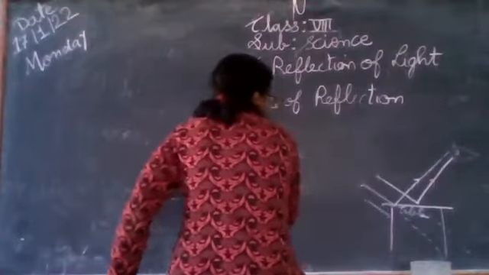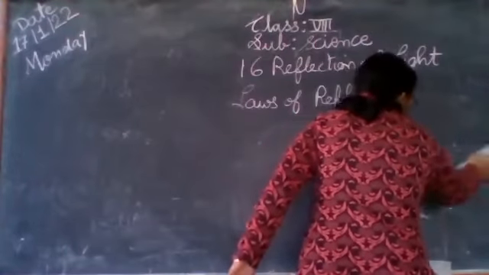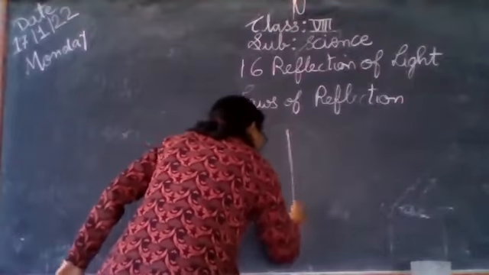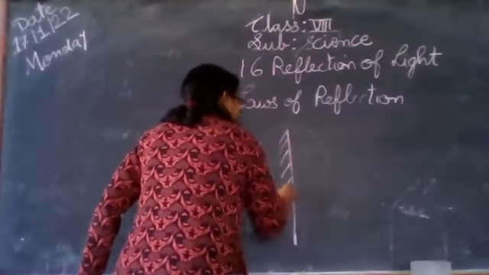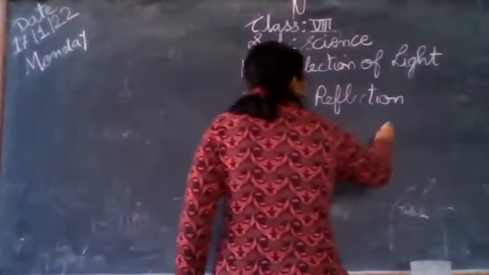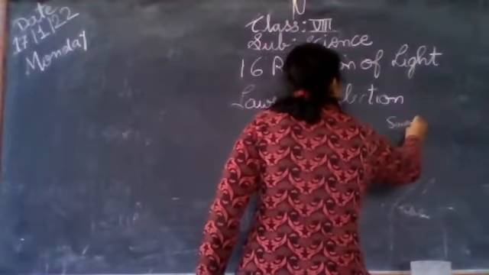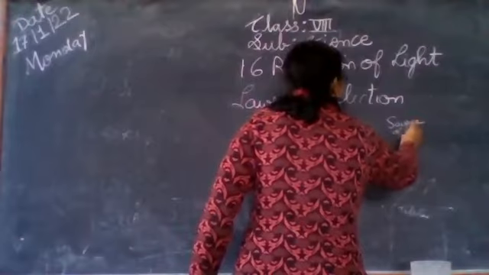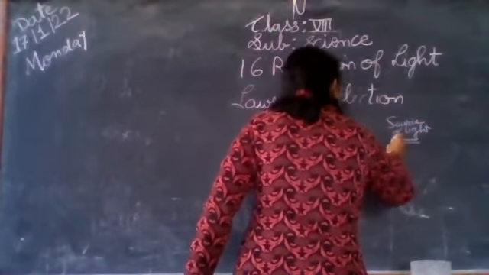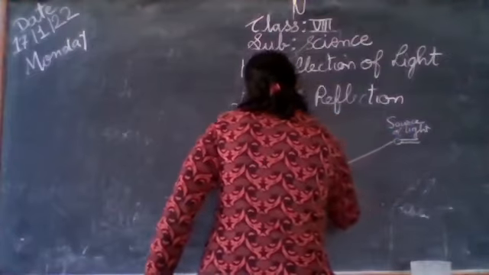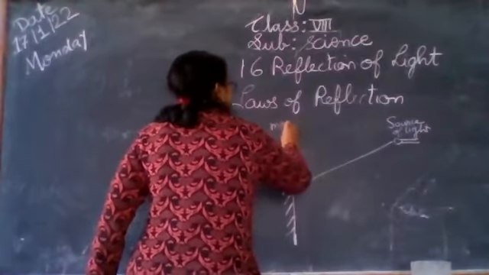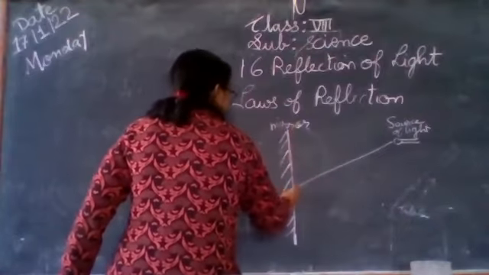Why so? Because we all know that in a mirror, one side is blank. And this is the source of light, say a torch. When the rays are passed towards the mirror, what happens?